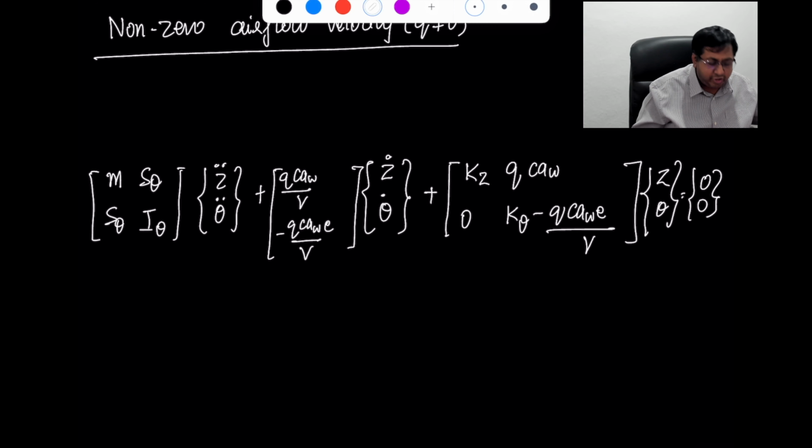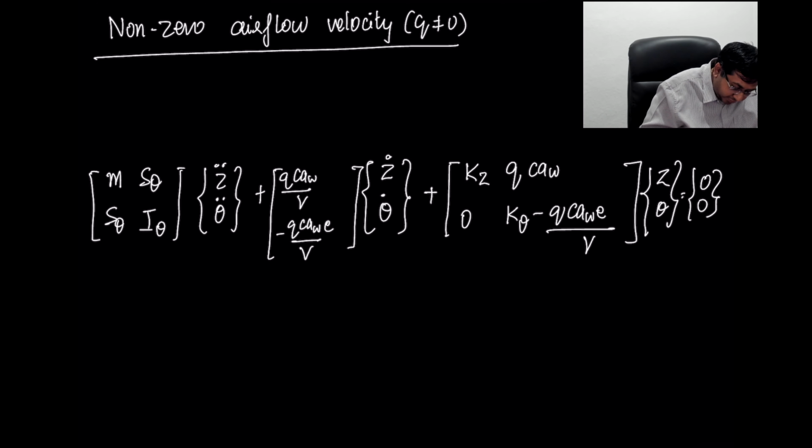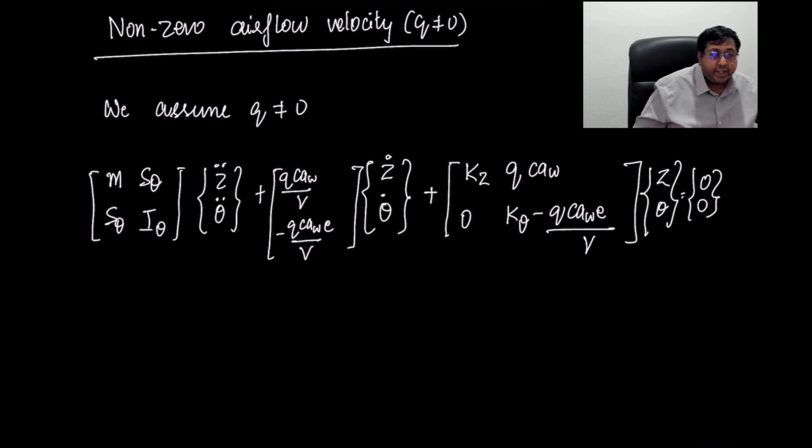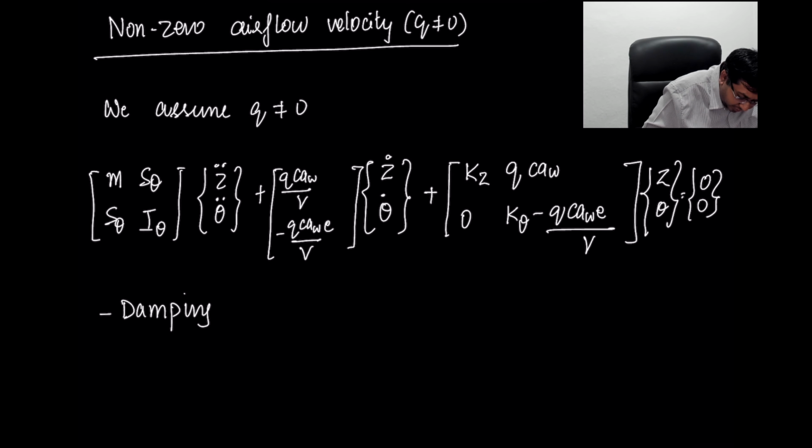So directly you can observe something. So we assume Q is not equal to 0. The first thing is we see that the damping matrix is non-zero. Second, we can see that the stiffness is unsymmetric.